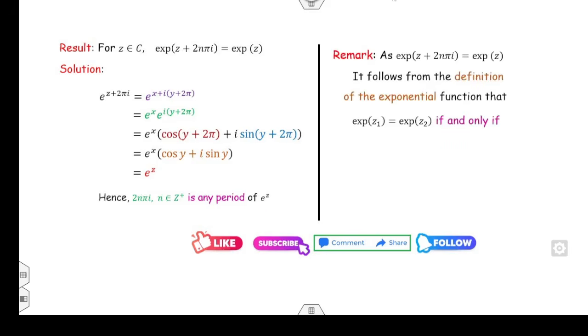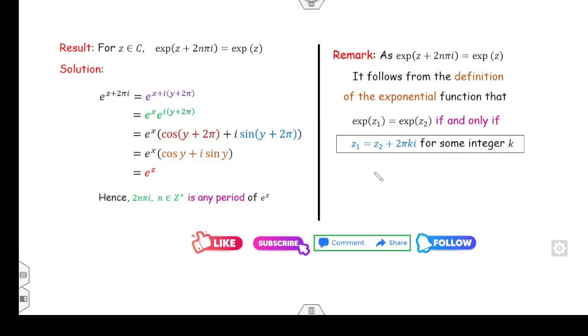So once we can say the function is periodic, that means exponential of z1 is equal to exponential of z2 if and only if z1 is equal to z2 plus 2nπι. That's the meaning of this case. Or in other words, what can you say?